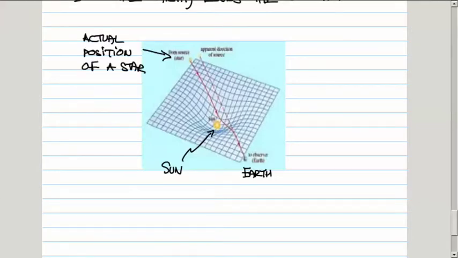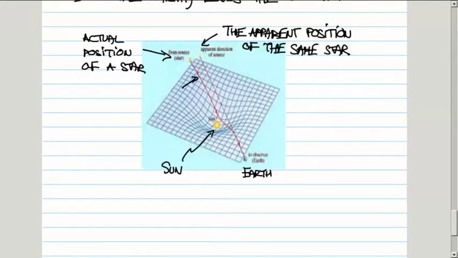And as this starlight passes near the sun, it will have to move in the curved space, and eventually it would come to us in a direction seemingly going this way. So this here is the apparent position. And this bending, this angle here, Einstein predicted that it had to be 1.75 seconds of arc.